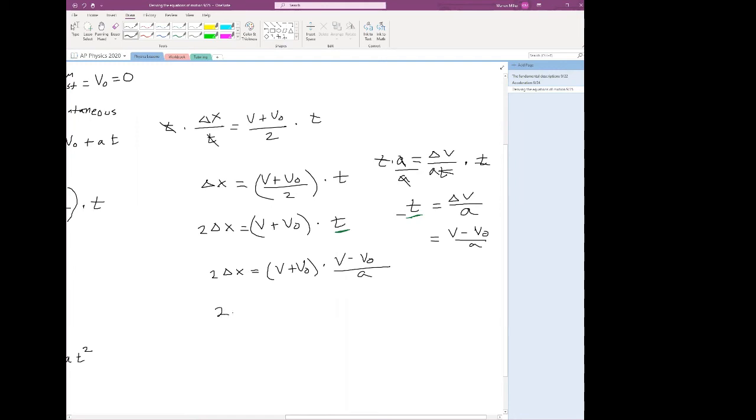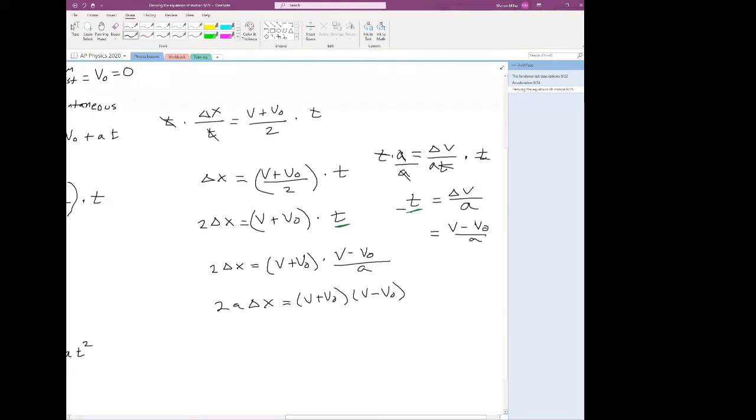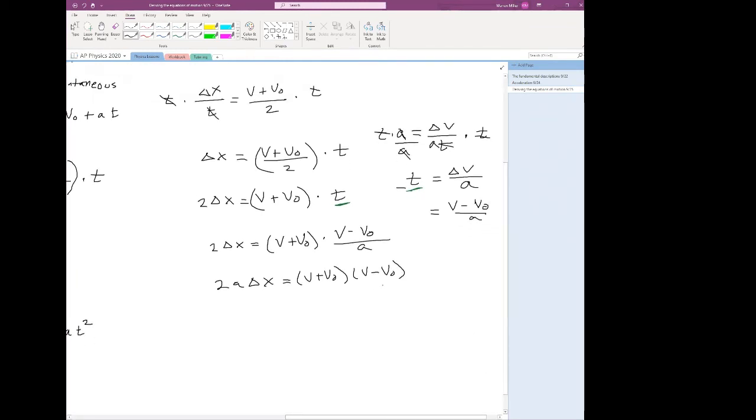So I get 2 times a times delta x is equal to v plus v naught times v minus v naught. Now, those of you that are fine math students might recognize these two terms. What is this equivalent to if we distribute them to each other? Difference of squares. That's right.